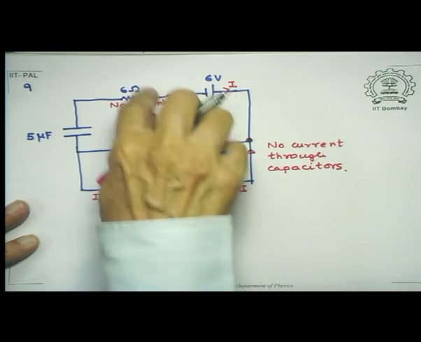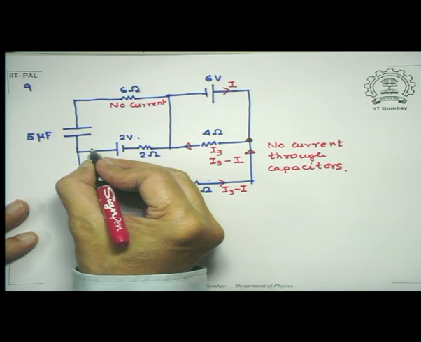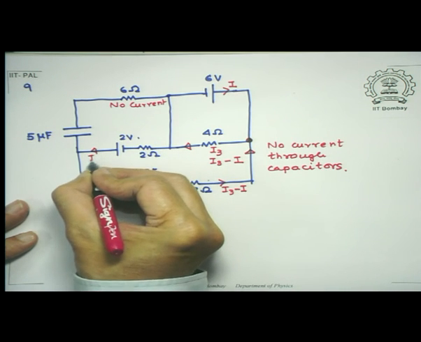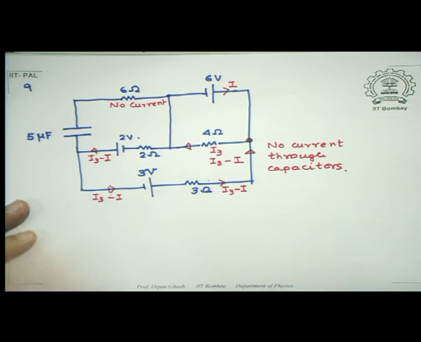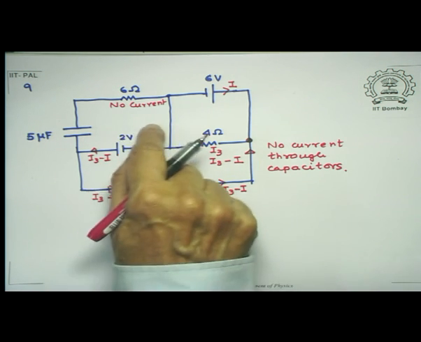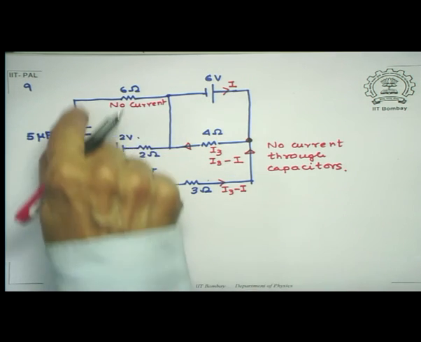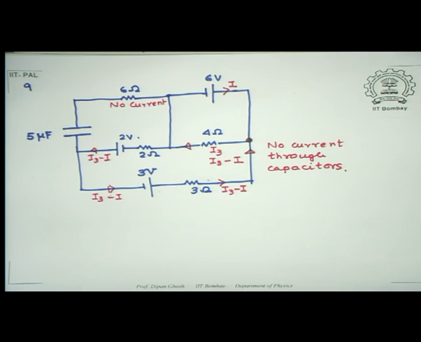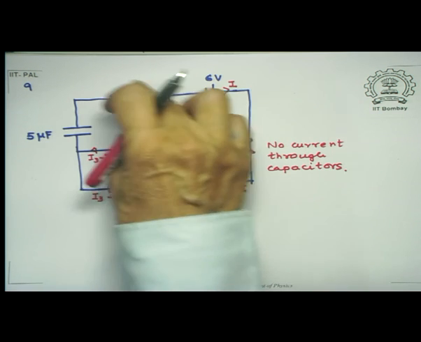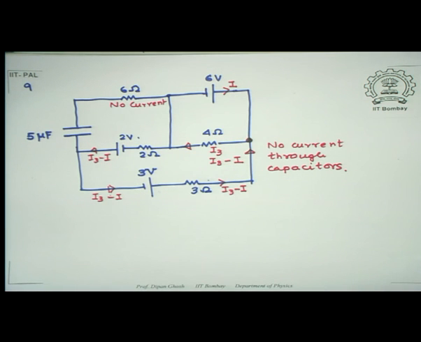Since there is no current in this branch, what I have here is also I3 minus I. So effectively, so far as current is concerned, I have taken out this part of my circuit. There will be potential difference, but this doesn't contribute to my voltage law.